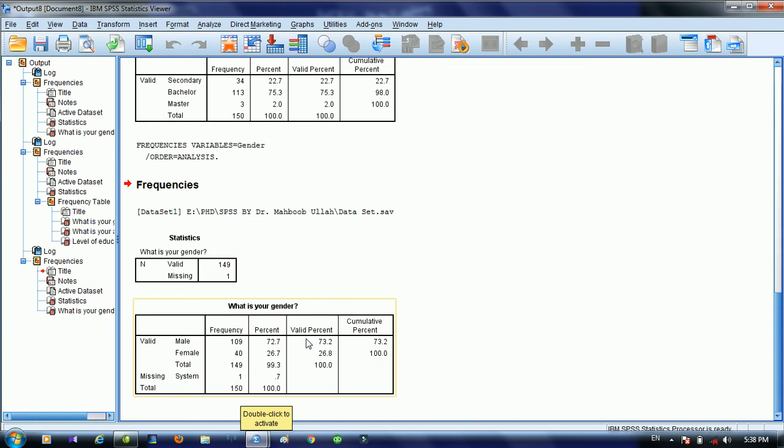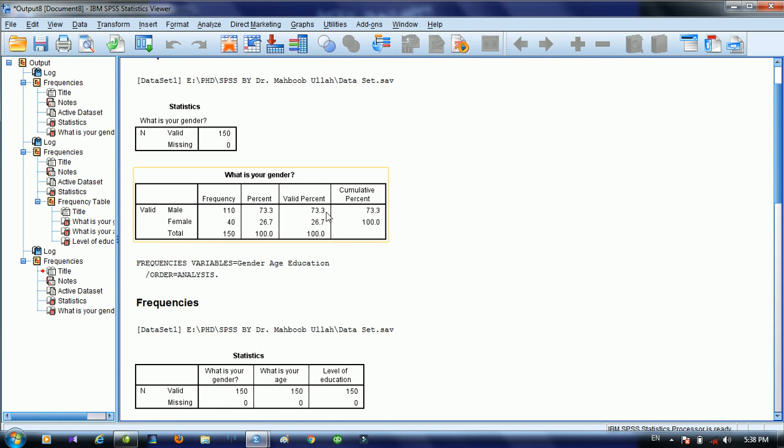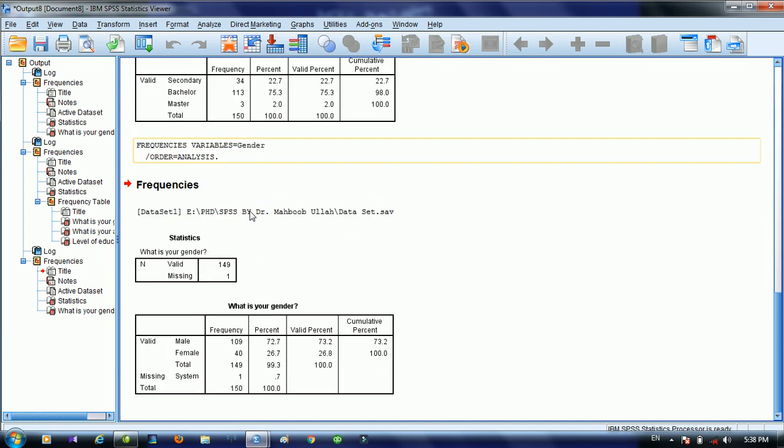Now come to the valid percent. As I told you earlier, valid percent takes into account only the valid responses, so that is 149. Now you can see the difference from the earlier tables, where the figures were the same, like 73 and 73, as there were no missing values. But in this table we have one missing figure. So you can see here the figure is 73.2.